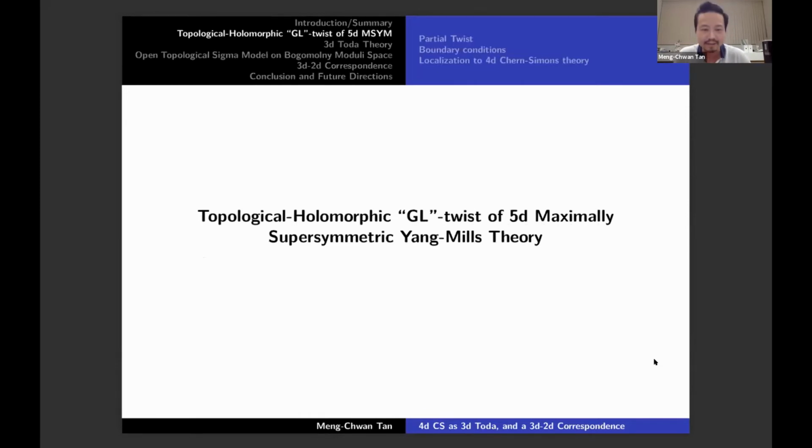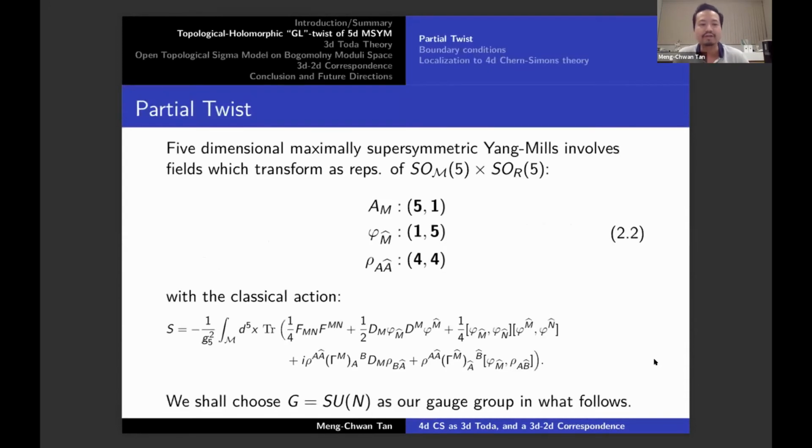Let's discuss this topological holomorphic GL twist of 5D maximally supersymmetric Yang-Mills theory. If you look at 5-dimensional maximally supersymmetric Yang-Mills theory, it involves fields which transform as representations of SO5. We are working in Euclidean signature, so that's why we are replacing the Lorentz group with an SO5 group, and then there is the R-symmetry group, which is SO5 too.